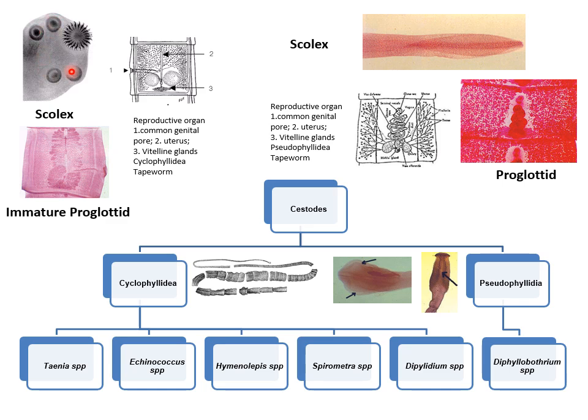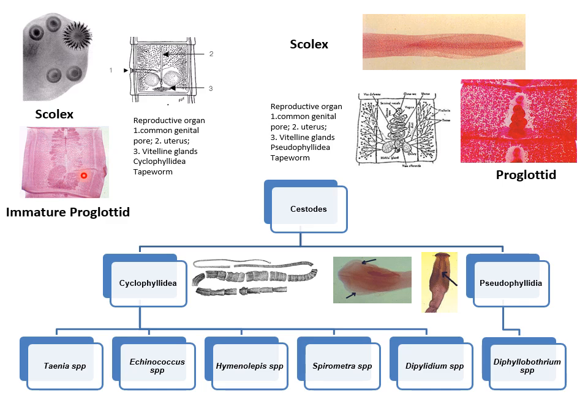Within the scolex of Cyclophyllidea, we always find four suckers. For some of them, we find in addition a crown of hooklets that we call the rostellum. In the scolex of Pseudophyllidea, we find an almond-shaped head that contains two grooves to serve for attachment.